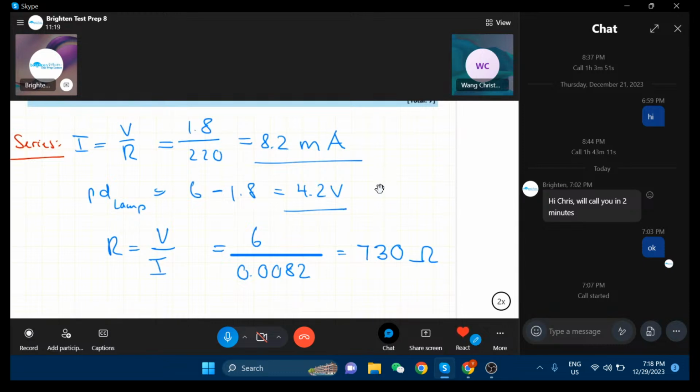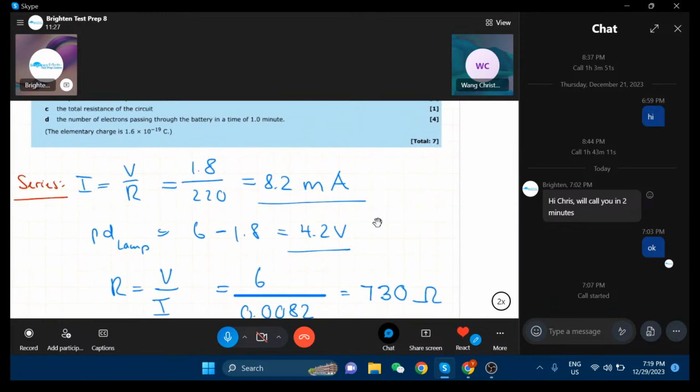Okay. And last but not least, what is the number of electrons? It's basically a two-stage question, if you want to say so.